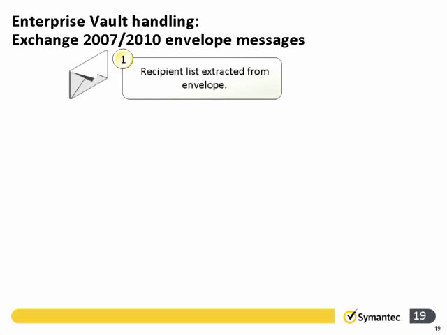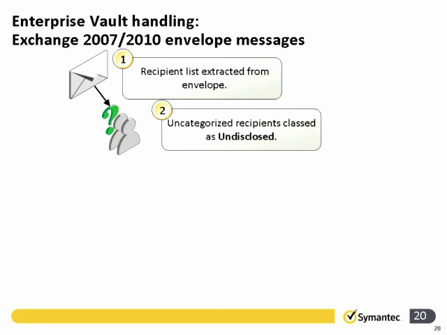Now, for the Enterprise Vault environment and how we're going to handle an Exchange 2007 or Exchange 2010 envelope message, and again, envelope messaging and standard journaling are equivalent for the 2007-2010 environment. So the first thing that we're going to do is the recipient list will be extracted from the envelope message. Any uncategorized recipient will be classified as undisclosed.